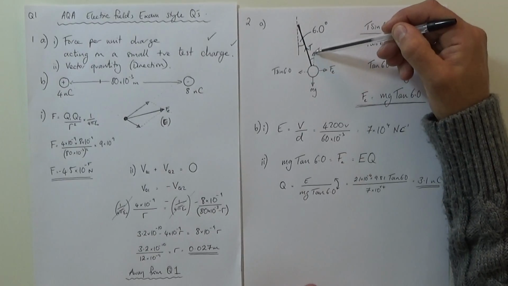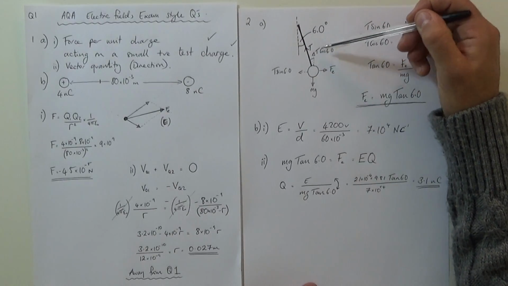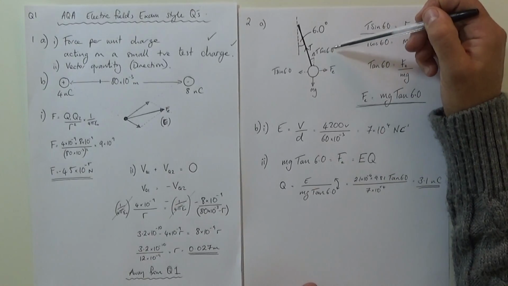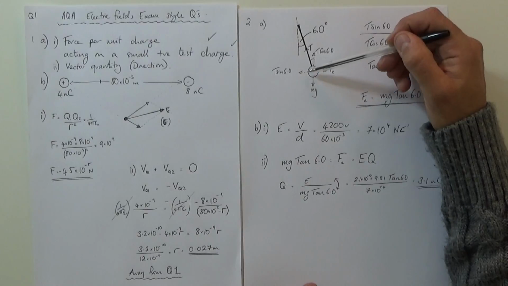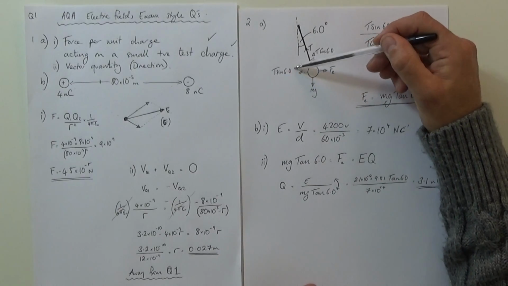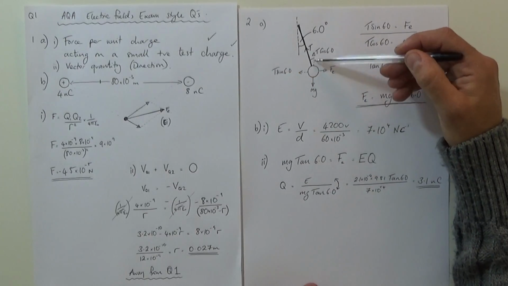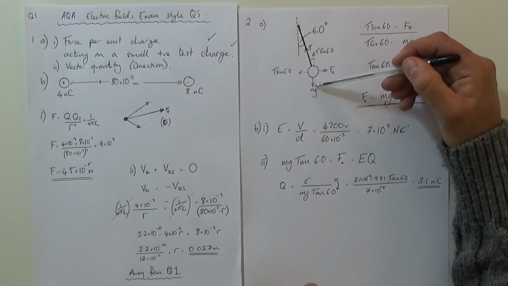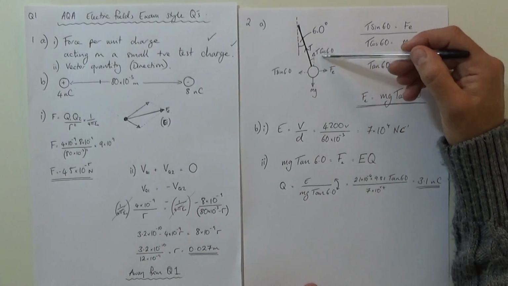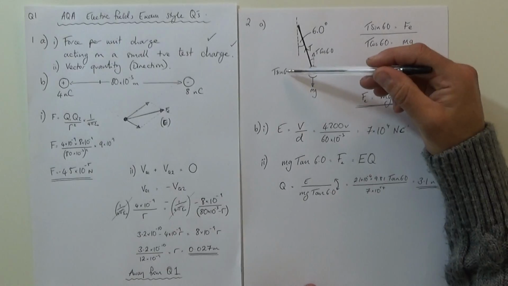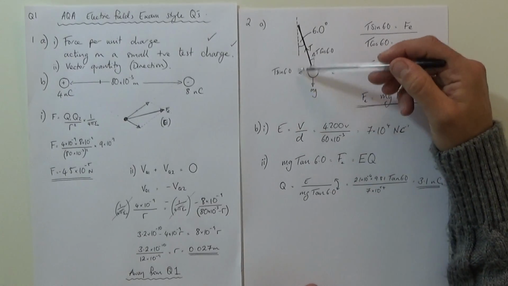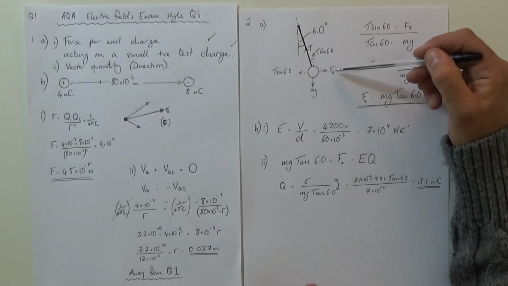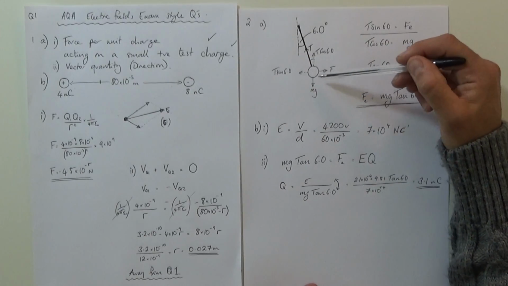Therefore, the vertical component of that tension will be given by T cos 6.0, and the horizontal component of this tension will be given by T sine 6.0. Now, the weight is obviously equal to the mass times gravity. So the weight is equal to the T cos 6.0, and the electric force, which is displacing it from hanging vertically downwards, is equal to T sine 6.0.